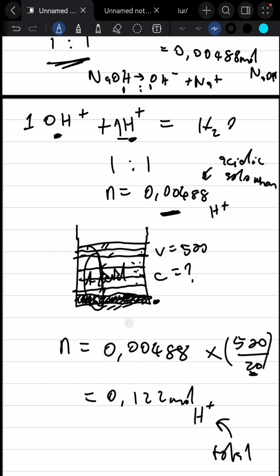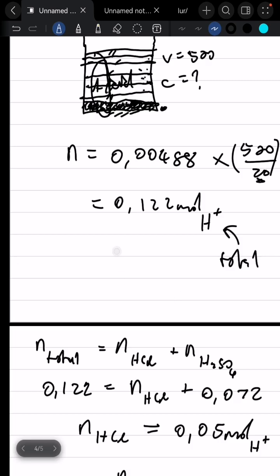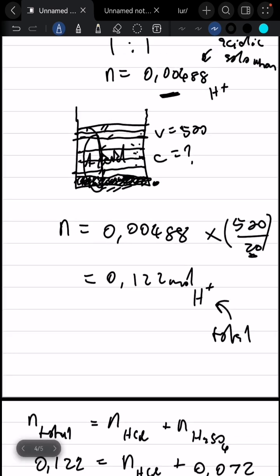So we took the moles of that small sample and multiplied by 25 here. That gave us a number of moles of 0.122 of hydronium ions in this whole acidic solution.